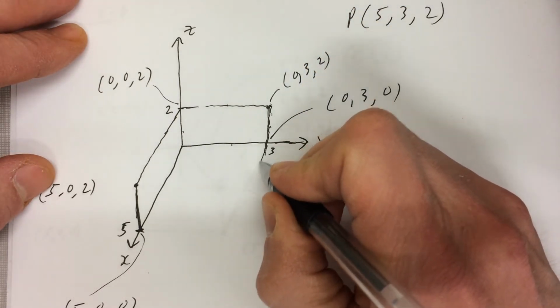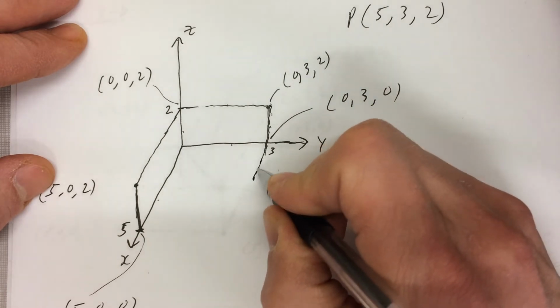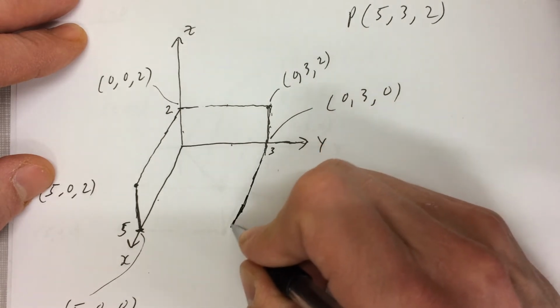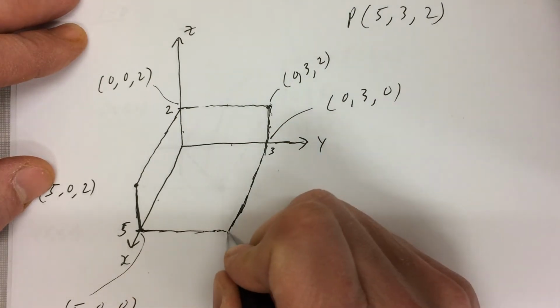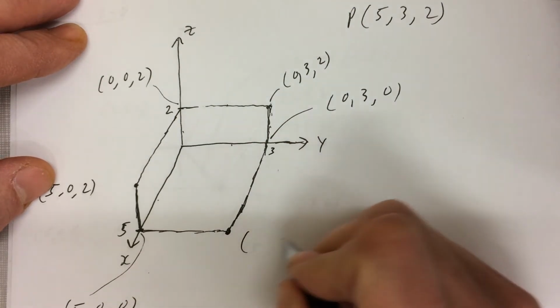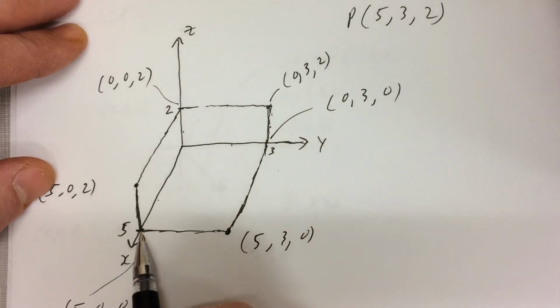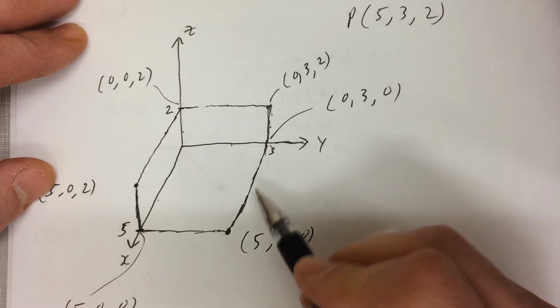Okay, then we want to put this edge parallel to that one. This one parallel to the back edge. Okay, that point will be 5, 3, 0. So 5 on the x, 3 on the y, 0 on the z.